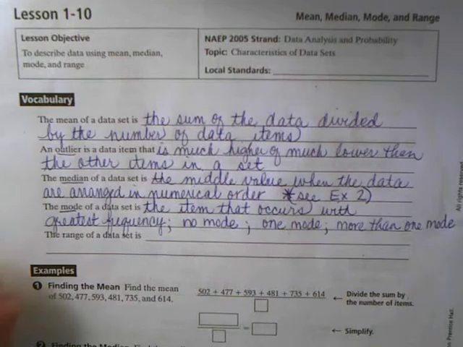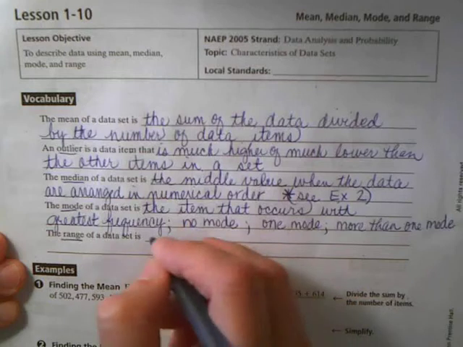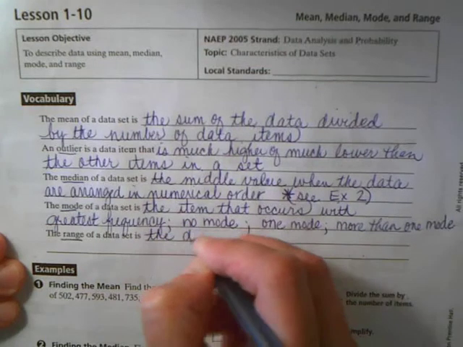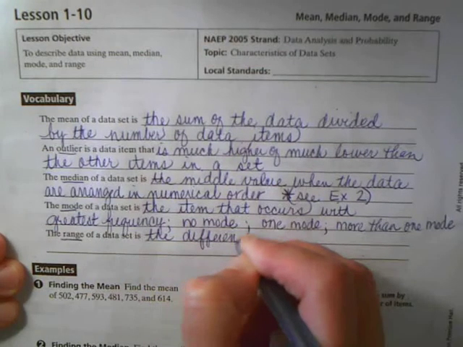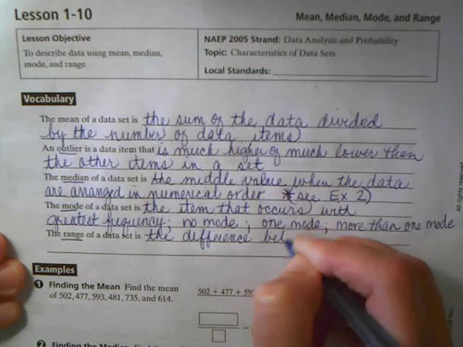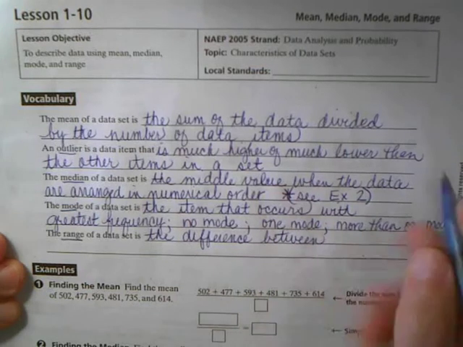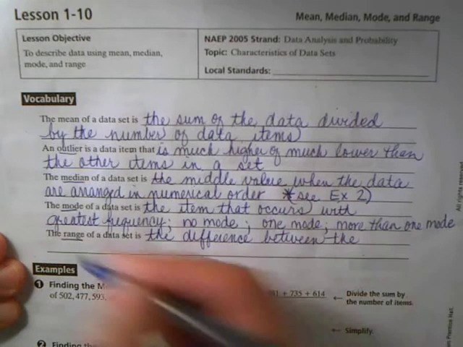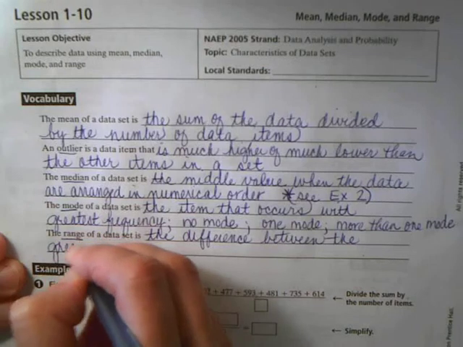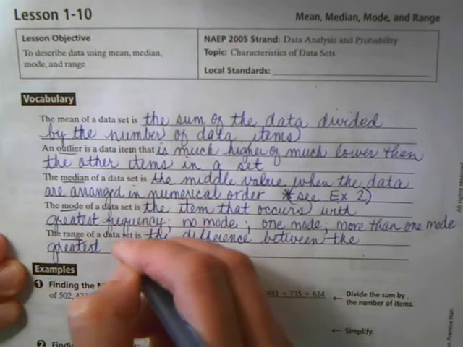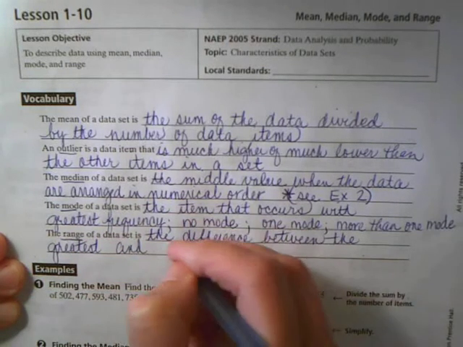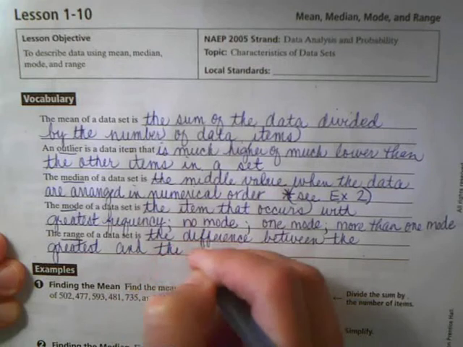The range of a set of data is the difference between the greatest and the least values.